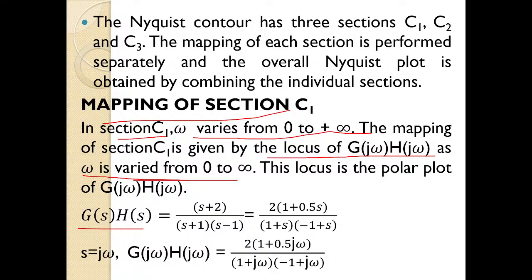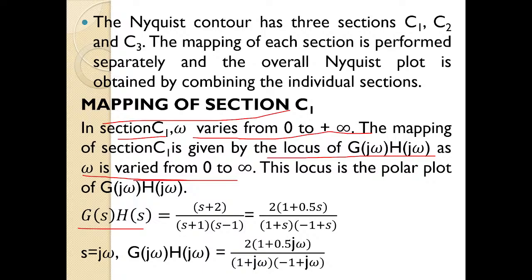You just take 2 common in the numerator and you will get 2 into 1 plus 0.5s. In the denominator, simply shift the positions of 1 and s: 1 plus s, and for the second term minus 1 plus s.